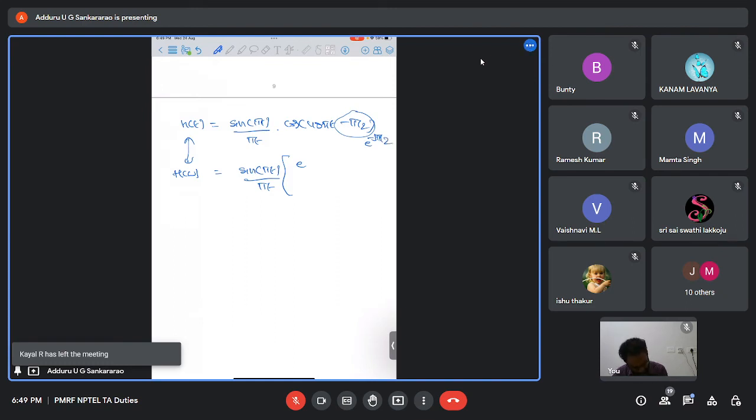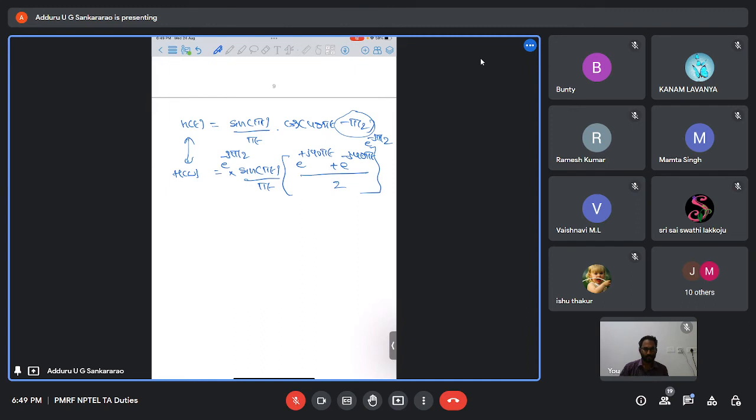Separately I am writing the phase here, separating it out to make it simpler. So e power j 40 pi t plus e power minus j 40 pi t by 2, right? So cos we can write like e power j theta plus e power minus j theta by 2.